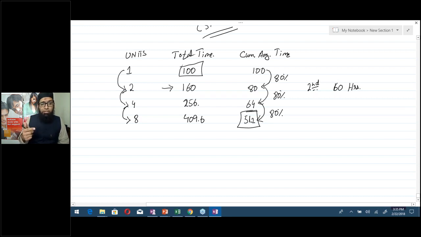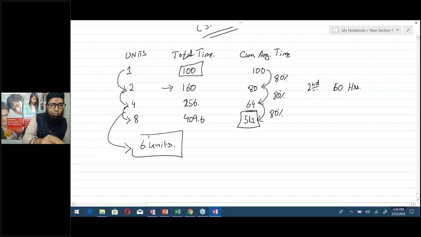The other benefit is that from that formula, we can calculate on any units. As you can see in the tabular form, if someone asks me what would be the cumulative average time of 6 units, then this tabular approach will not tell us.